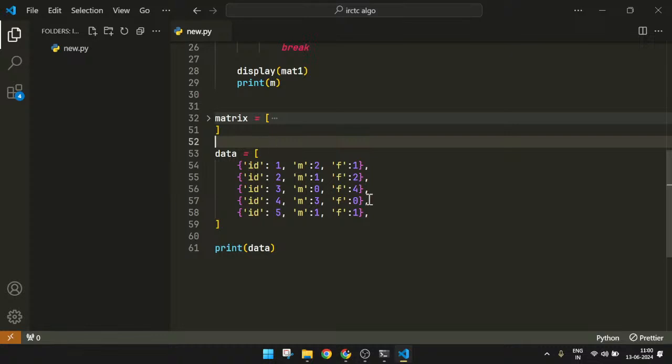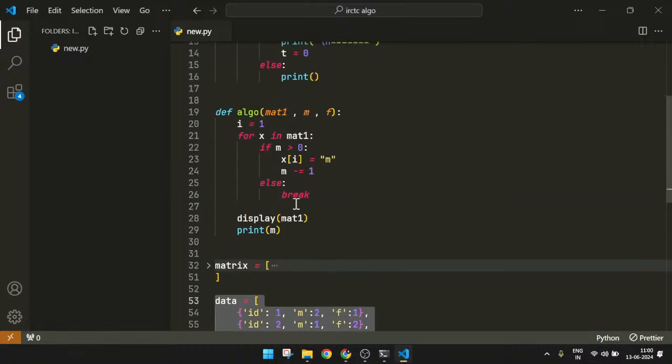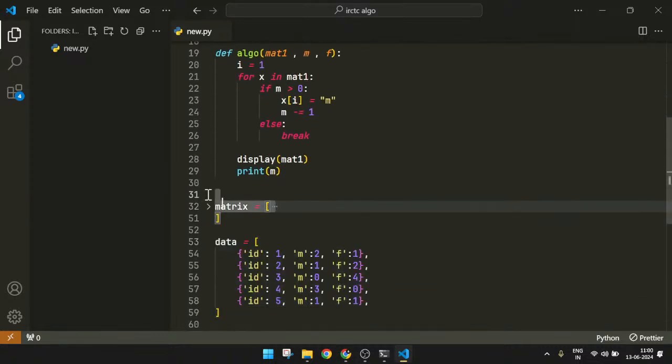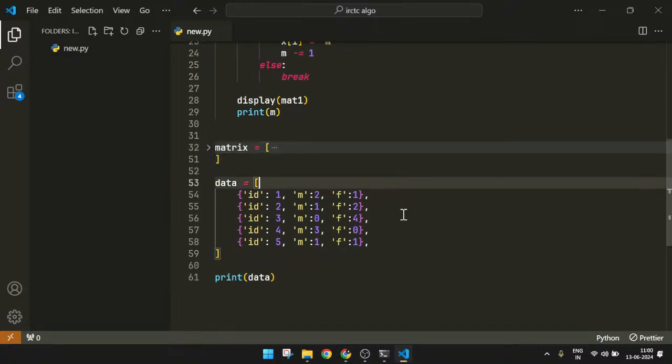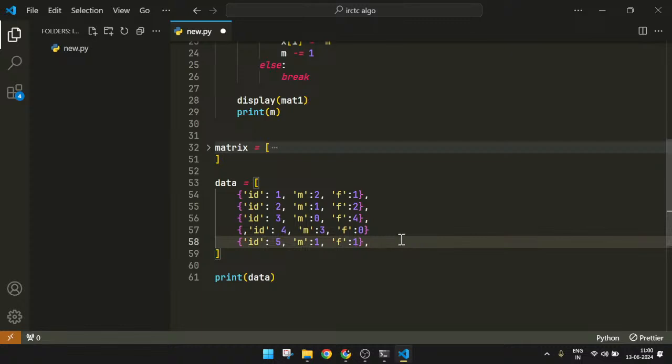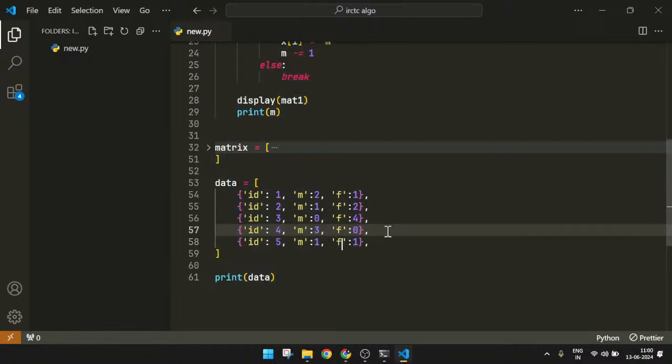Okay, so now I have to assign this data into this matrix. And I have to consider this now: group 1, group 2, group 3, group 4, group 5. So this is now a little bit more difficult.